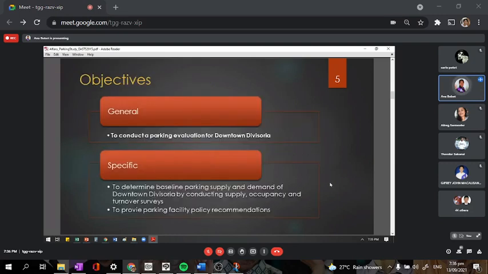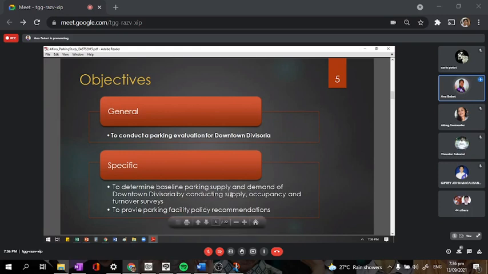So general objective nila, to conduct parking evaluation, and then in specific to determine baseline to provide parking facility policy recommendation and so forth. So sa ilahang first specific objective nakabutang ang baseline parking supply and demand. So supply is unsang infrastructure or ang available parking karon. Demand is pila ang nanginahanglan, kinsay nanginahanglan, nganong nanginahanglan, so that's demand.